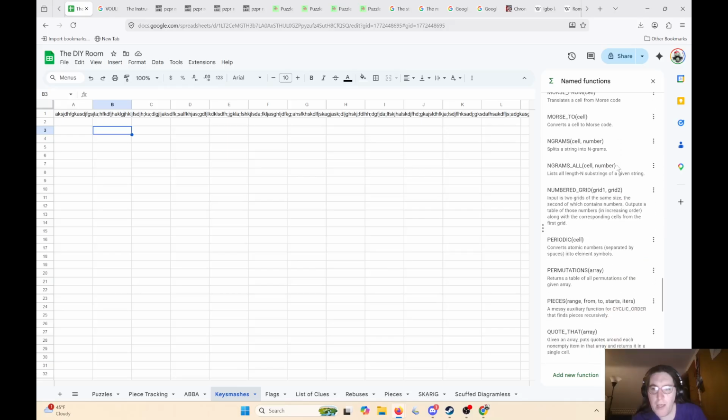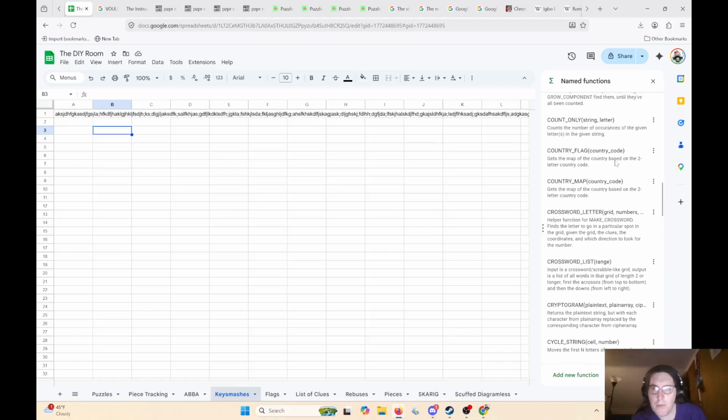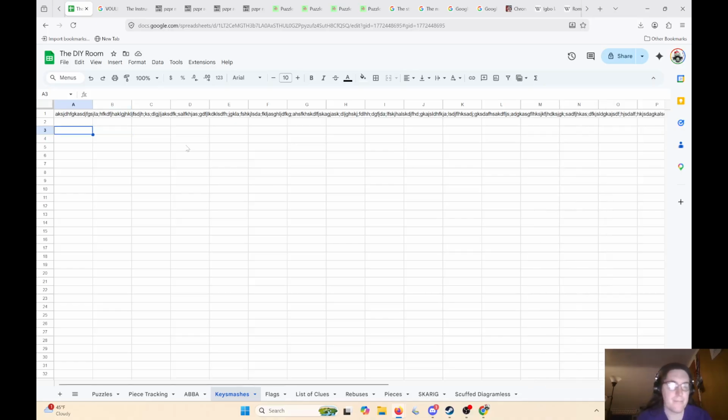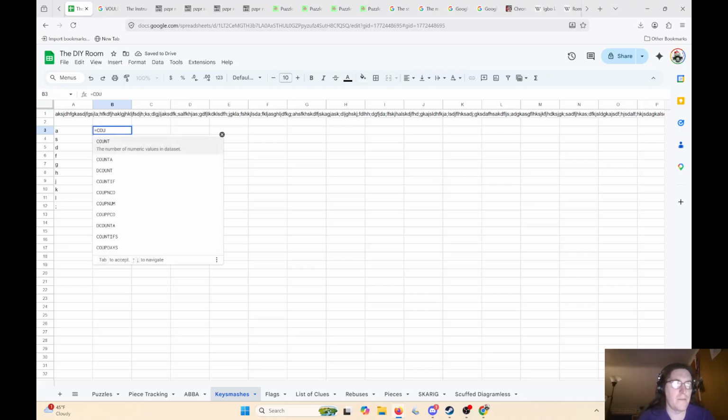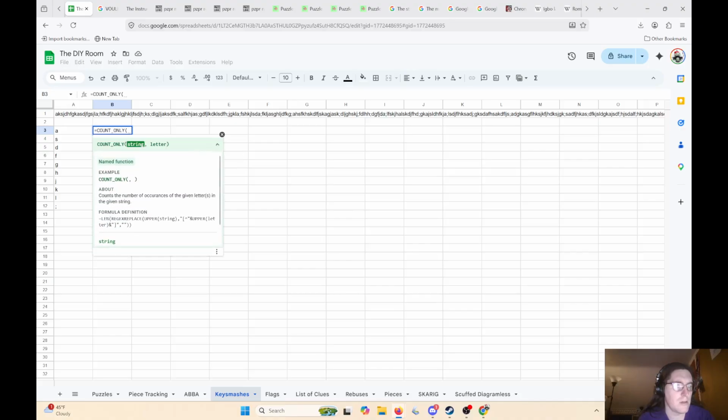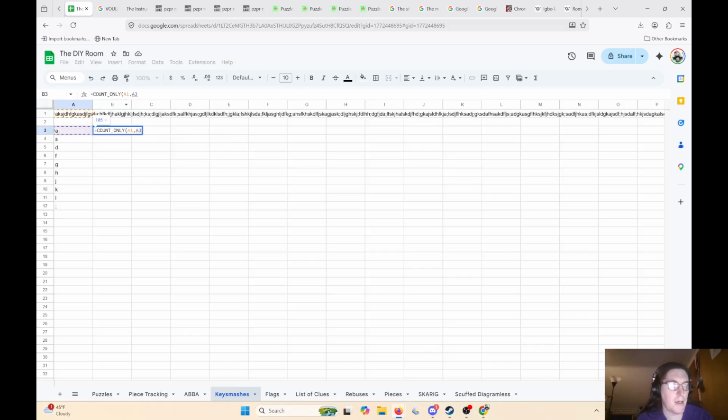There's a way of doing count only without doing it. It involves doing lengths and subtracting. Counts only. Does it show it here? Yeah. String comma letter, and then I'm going to dollar sign that one so it doesn't move.